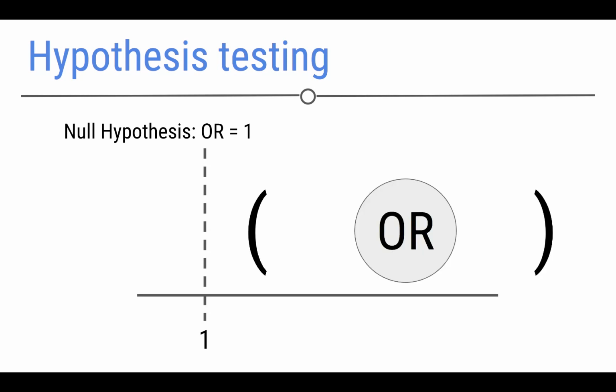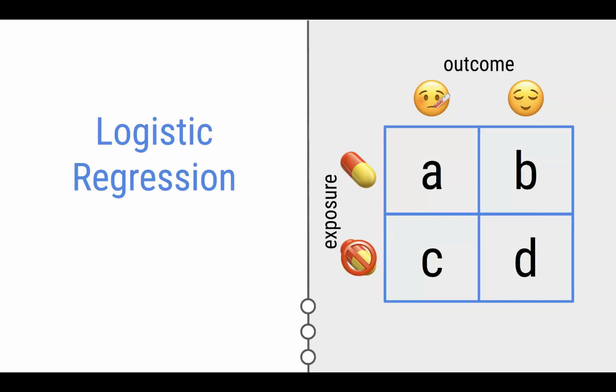Likewise, if the confidence interval for the odds ratio does not include 1, so the lower bound is greater than 1 or the upper bound is less than 1, then it is statistically significant. Odds ratios greater than 1 indicate that an exposure is associated with higher odds of an outcome, and an odds ratio less than 1 indicates that the exposure is associated with lower odds of an outcome.